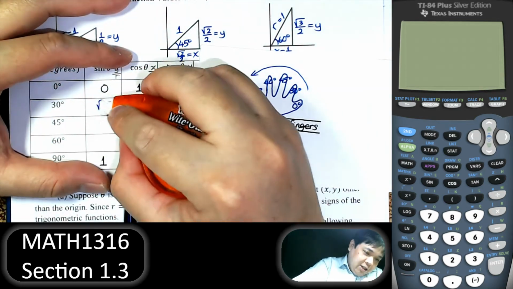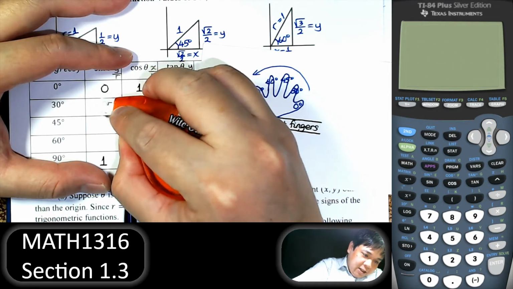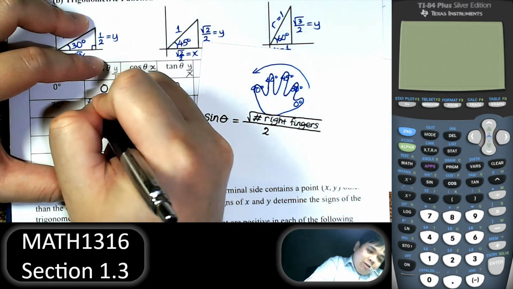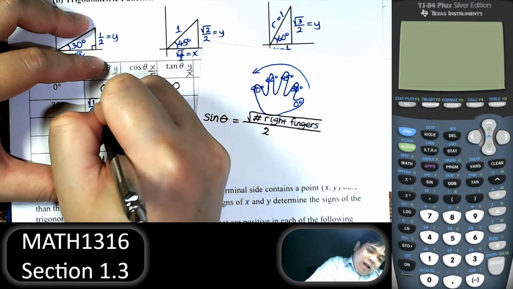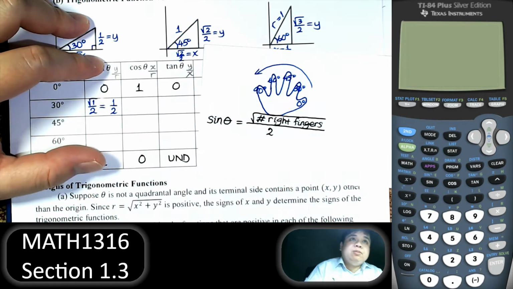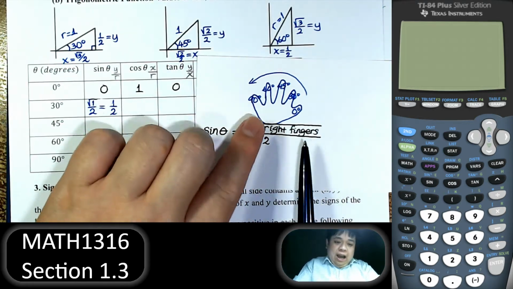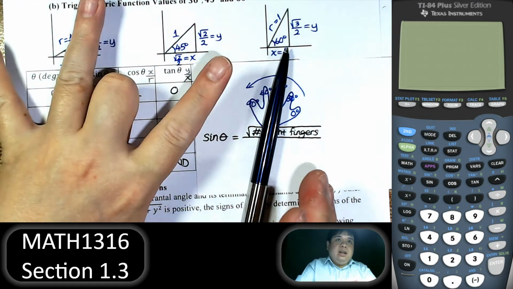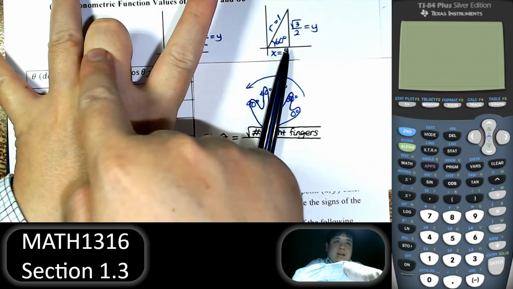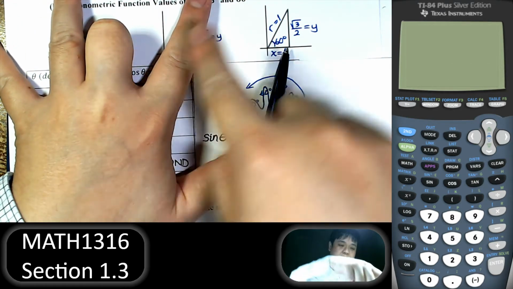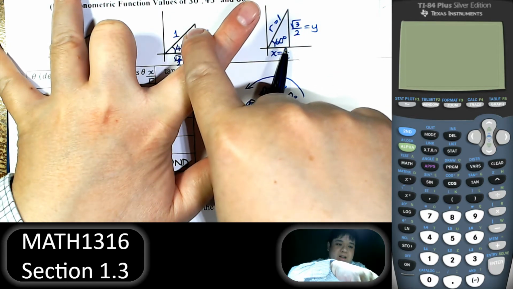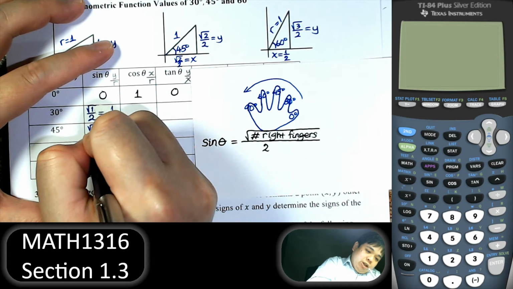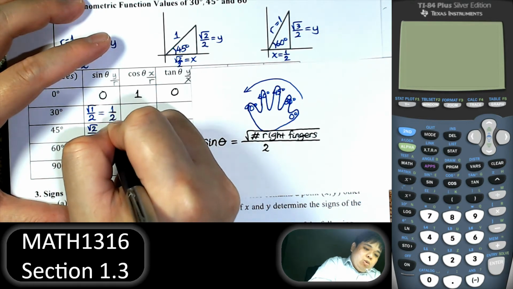So let's just write: square root of 1 over 2, or 1/2. Then 45 degrees, that is the third finger. There are 2 fingers on the right, so we have the square root of 2 over 2.